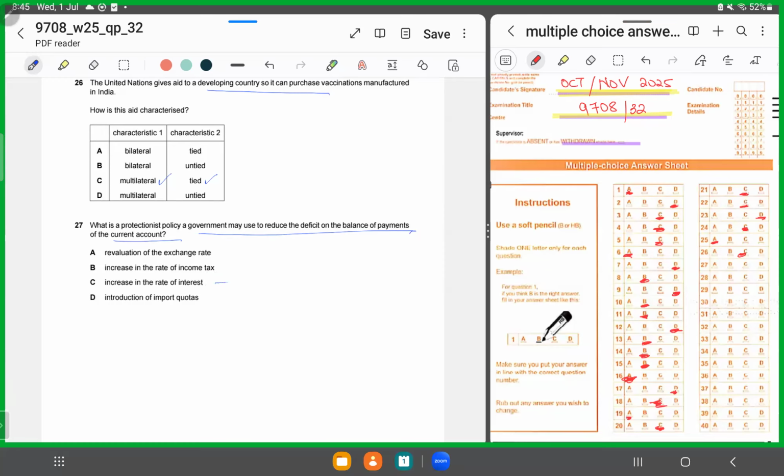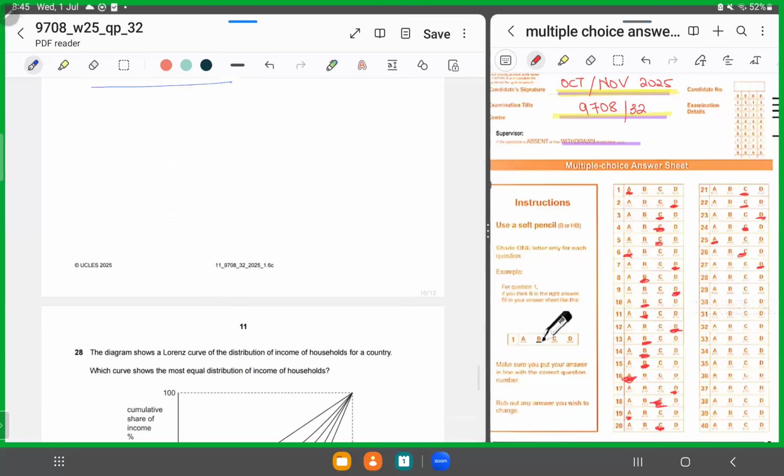This is monetary policy. A will worsen it. B says increase in income tax. This is fiscal policy. So it has to be D, introduction of import quotas, where you are placing a limit, reducing the imports, and protecting your home producers. So for 27, it is D.